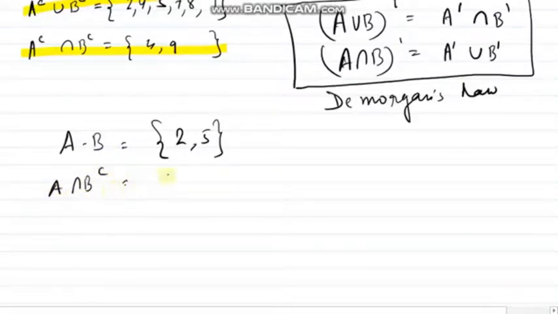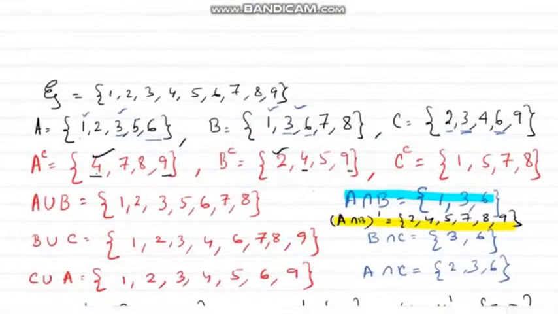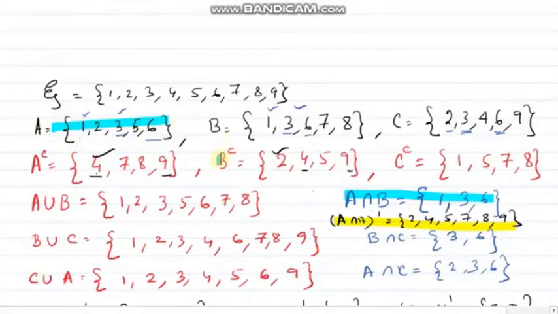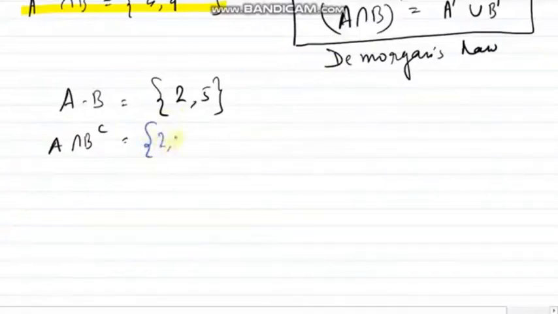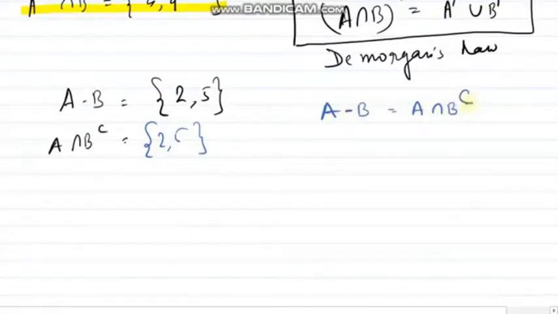This is A and this is B complement. What are the common parts? 2 and 5, right? That is also 2 and 5. So can we say that A minus B is equal to A intersection B complement, right?